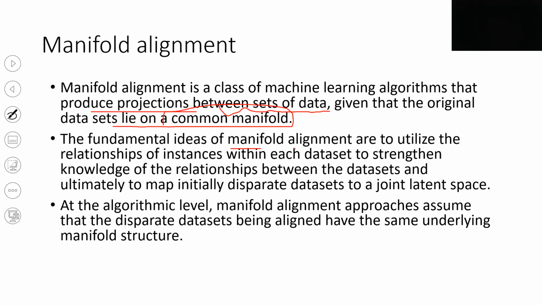So the idea of manifold alignment is we have to introduce some kind of relationship between data sets. So your input has to be one matrix A. You want to align it with matrix B. You have to introduce another matrix which is a relationship between them. So there's a correlation.